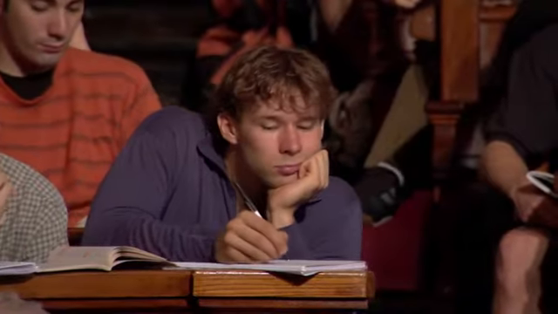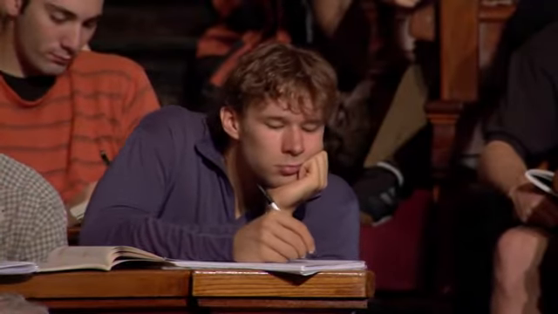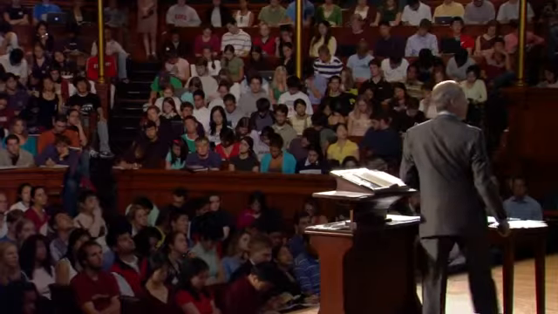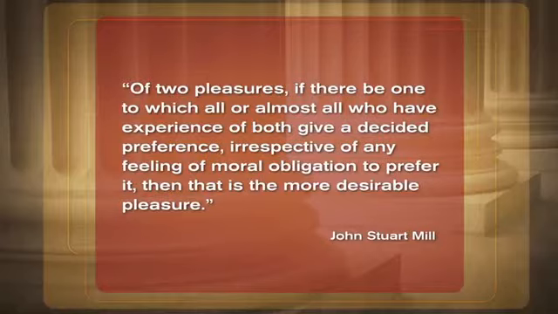The only test of whether a pleasure is higher or lower is whether someone who has experienced both would prefer it. And here, in chapter 2, we see the passage where Mill makes the point that John just described.